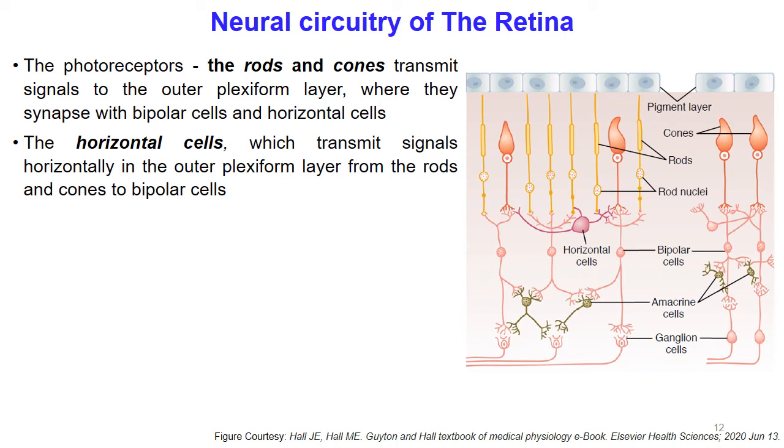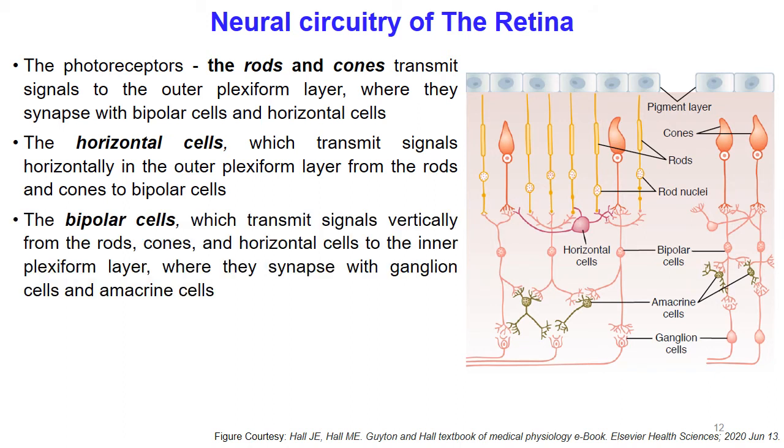The horizontal cells transmit signals horizontally in the outer plexiform layer from the rods and cones to the bipolar cells. The bipolar cells transmit signals vertically from the rods, cones, and horizontal cells to the inner plexiform layer, where they synapse with the ganglion cells and amacrine cells.